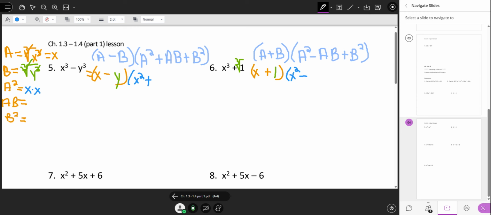Change colors. a times b: x times y is xy.